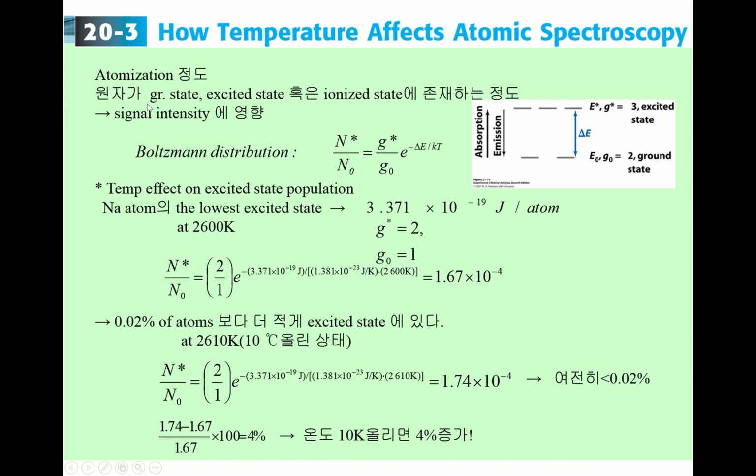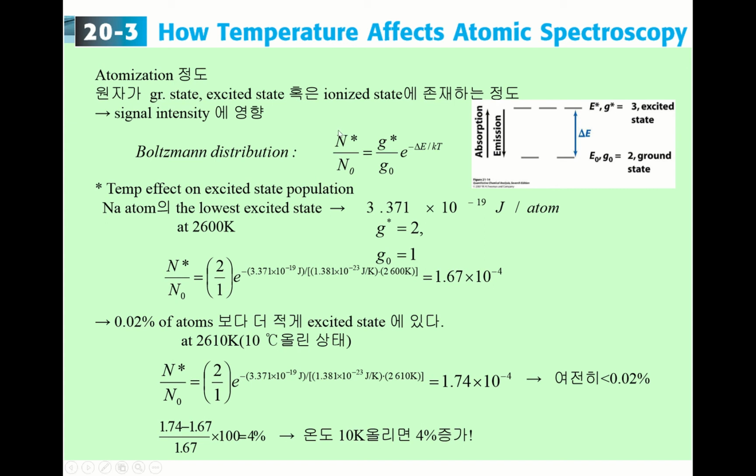Usually, electrons in atoms mostly reside in the lower state or ground state, and if you increase temperature, by the thermal energy the electrons are excited to an upper state. Let's see how many percent of electrons are excited.